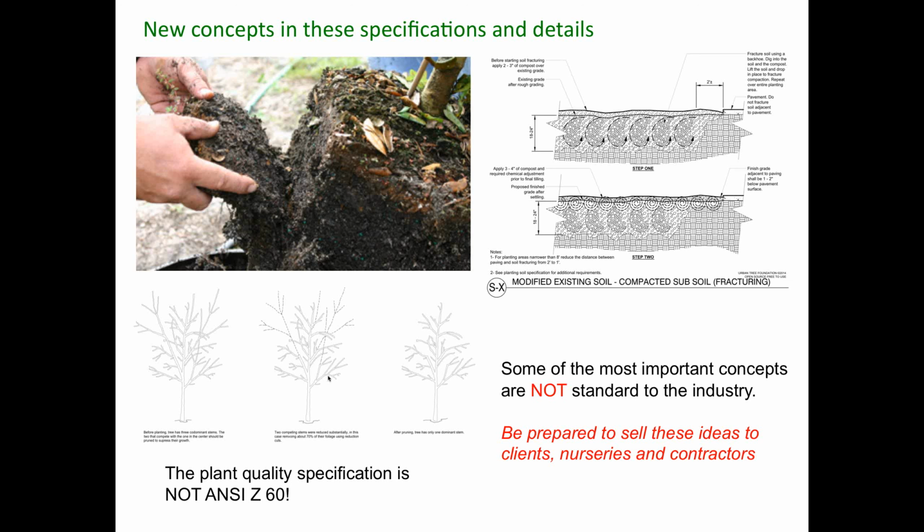We hope that by the peer review process that they are reasonable, well thought out. And for example, the plant quality specification is not the ANSI Z60, but goes well beyond the requirements of ANSI Z60. And you need to be prepared to sell these ideas to your clients, to the nurseries, and the contractors.